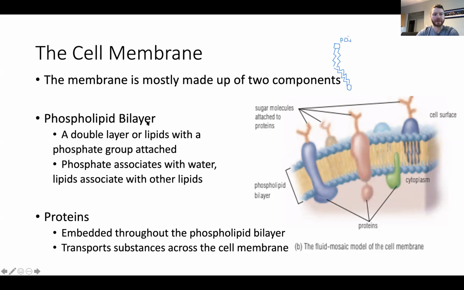Okay, so that's what a phospholipid bilayer is, and proteins are embedded throughout the phospholipid bilayer, and they are involved with transporting things in general across the cell membrane. Okay, they're kind of like the bouncers of the cell.